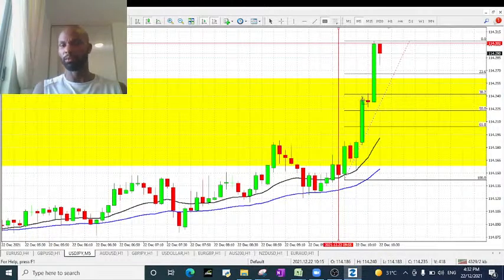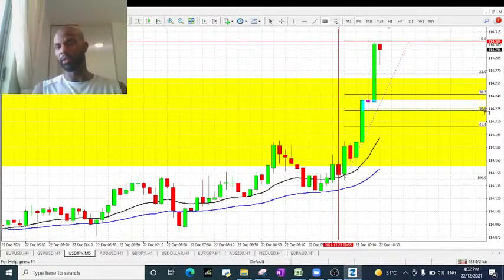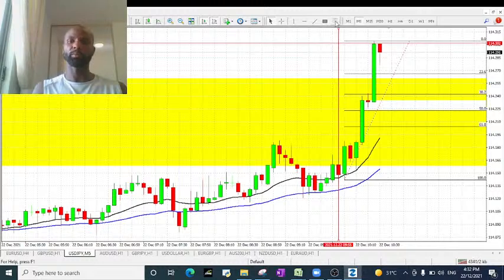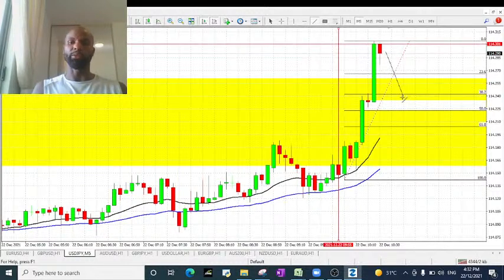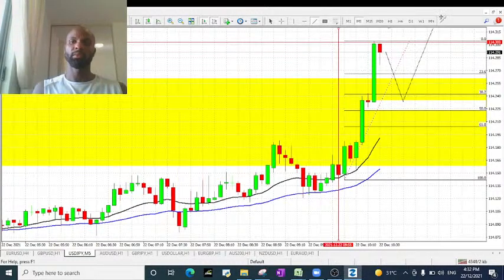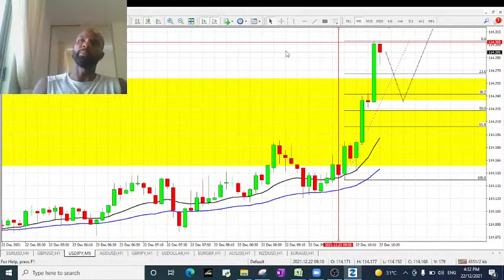That is our Q zone. If this candle closes bullish like this, we'll be hoping to get some kind of retracement and take it up as the game plan.